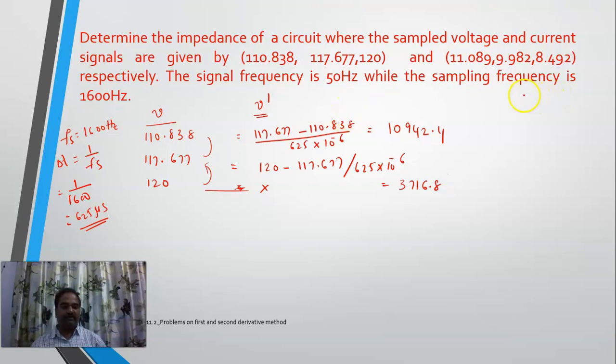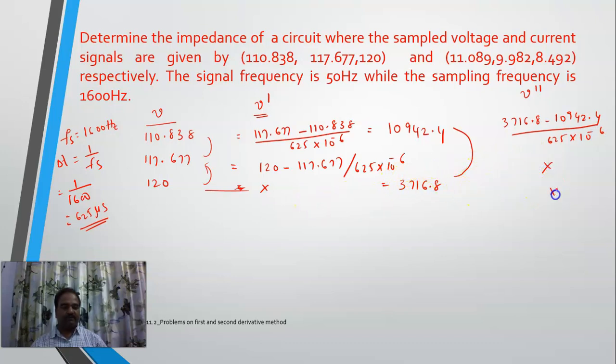Now I am supposed to calculate V double dash. V double dash is the same, the only difference being that I will again use these values: 3716.8 minus 10942.4 by delta T, which is again 625 into 10 to the power of minus 6. For the last value, I won't get anything because there is no value present.